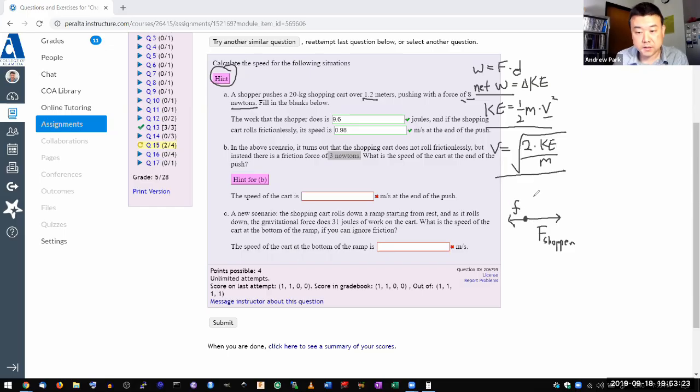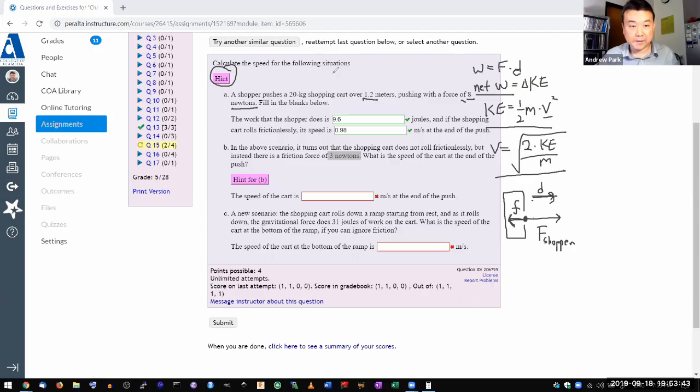So as the cart is moving to the right, in the direction the shopper is pushing, this force here is going to be doing negative work because the direction of this force is opposed to the direction of displacement.